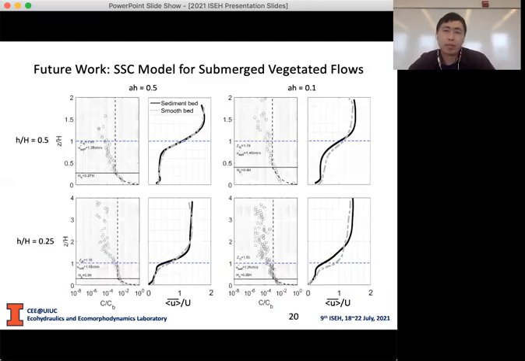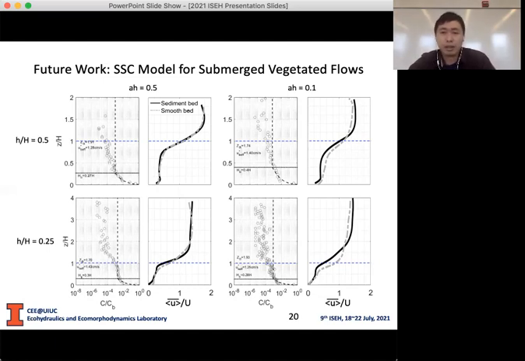And of course, there can be some extended future work, like extending the current emergent canopy model to submerged canopy flows. As shown in the plot here, the blue dashed line represents the vegetation height.